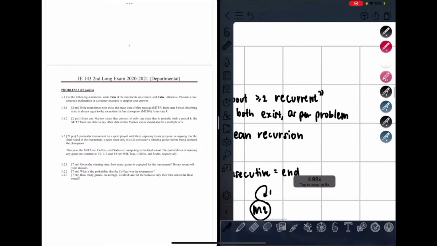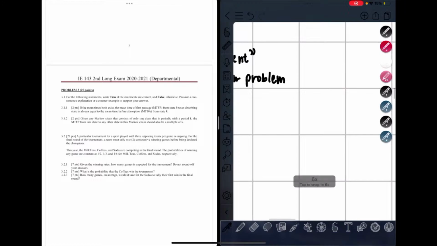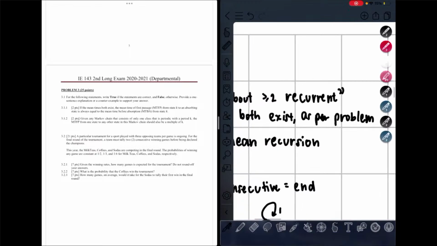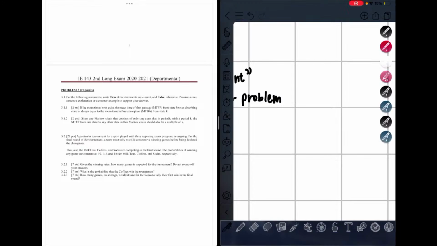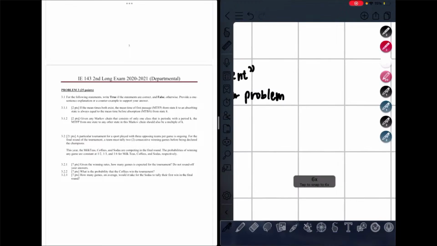This is false, because the period basically is the time it takes to go from the class you're starting at back to the same class, right?